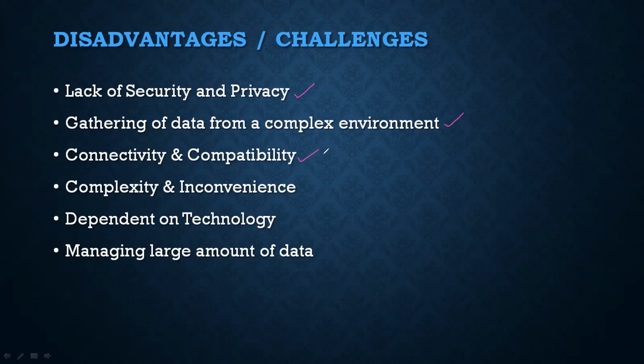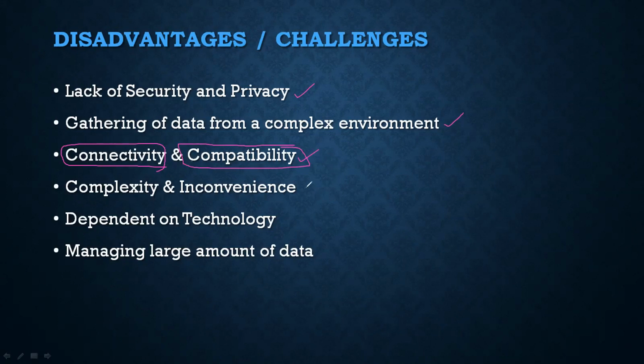All these devices are manufactured by different companies, yet they communicate with each other in the IoT system. That means we provide certain standards for the IoT system. That is compatibility. And connectivity means to connect all these things we need various protocols, various standards, which may be wired or wireless. So providing all these things is very complex.